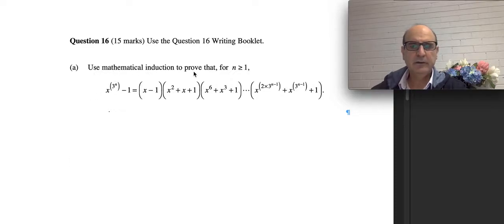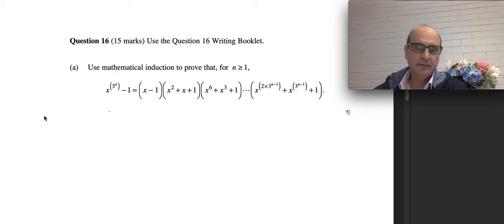Use mathematical induction to prove that for n greater than 1, x to the power of 3 to the n minus 1 is equal to (x minus 1) times (x squared plus x plus 1) times (x to the 6 plus x to the 3 plus 1), and so on. This continues until the last bracket, which is x to the power of 2 times 3 to the n minus 1 plus x to the power of 3 to the n minus 1 plus 1.